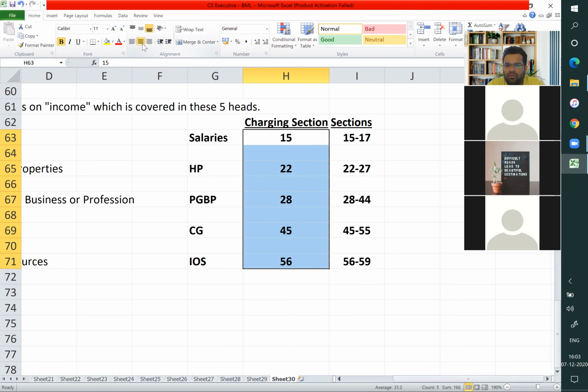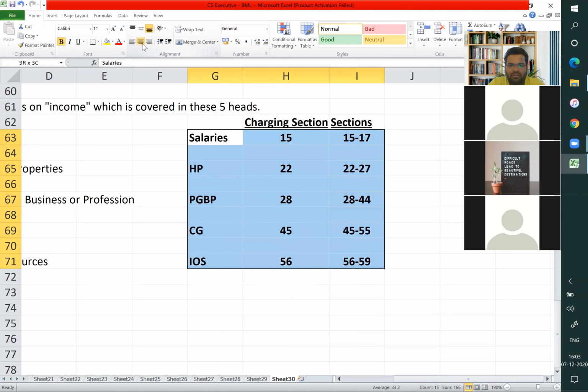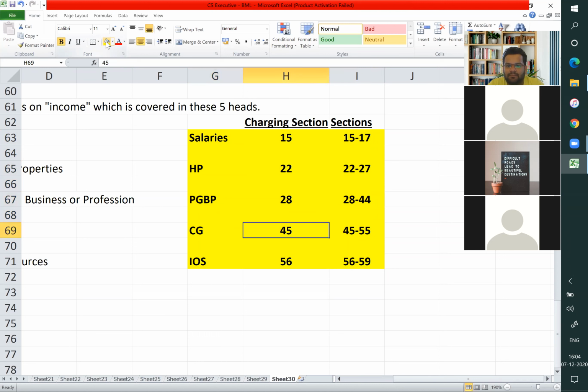Arrange all on one screen. See, here you have everything on one screen only. Salaries: charging section 15, all sections 15 to 17. House property: charging section 22, overall sections 22 to 27. PGBP, capital gain, other sources.